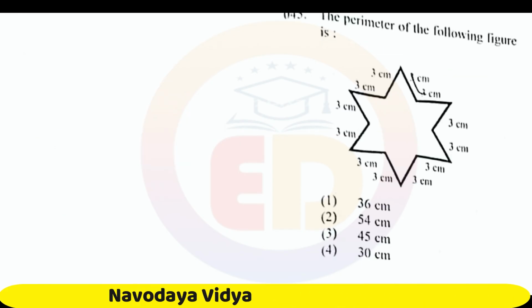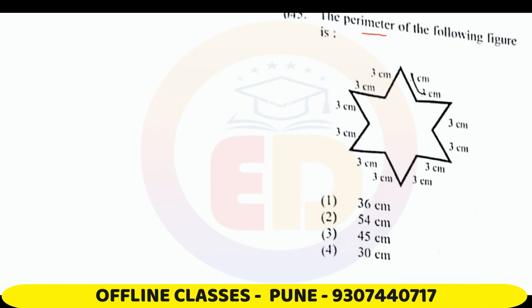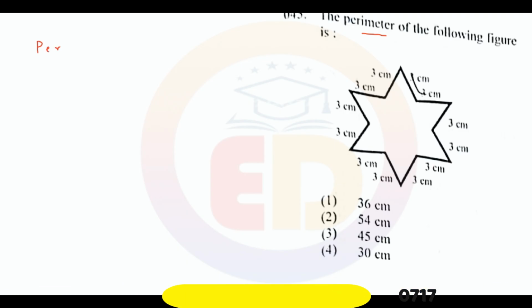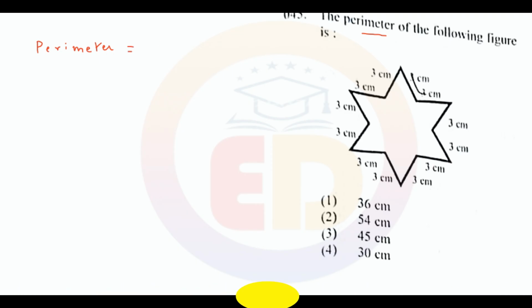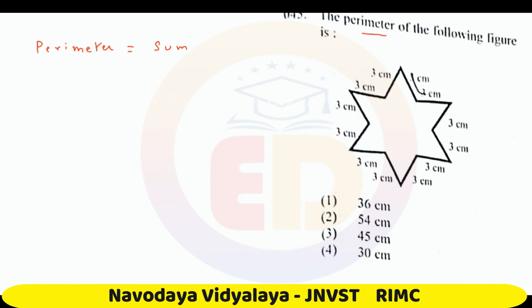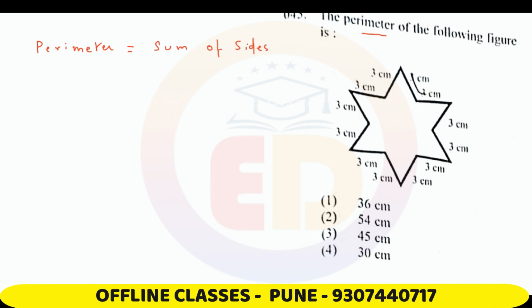Question number 45. They are asking to find the perimeter of the following figure. Seemingly a very easy question. We know that perimeter is the sum of sides. So all these sides you have to add.